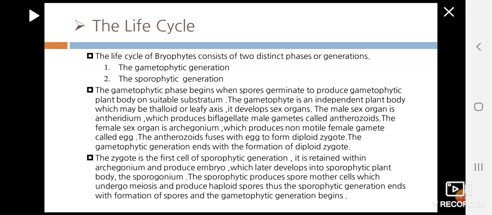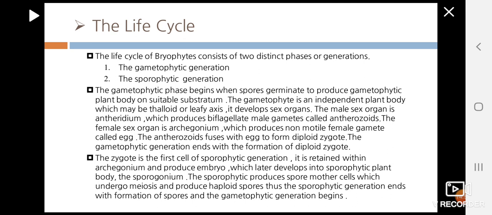Now this is the first cell of the sporophytic generation. It is retained within the archegonium and produces the embryo, and later on it develops the sporophytic plant body, the sporogonium. So sporogonium produces spore mother cells, which are also diploid, which undergo meiosis and produce haploid spores.